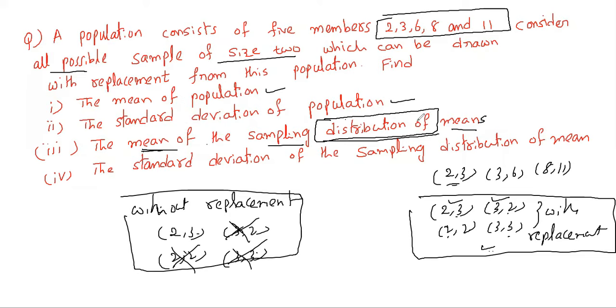All the sample means, you have to find. Next, the fourth, the standard deviation of the sampling means. Whatever sampling means you get, for those you have to find the standard deviation. So don't worry about the third and fourth questions, they are very simple. Each question we will discuss in detail.